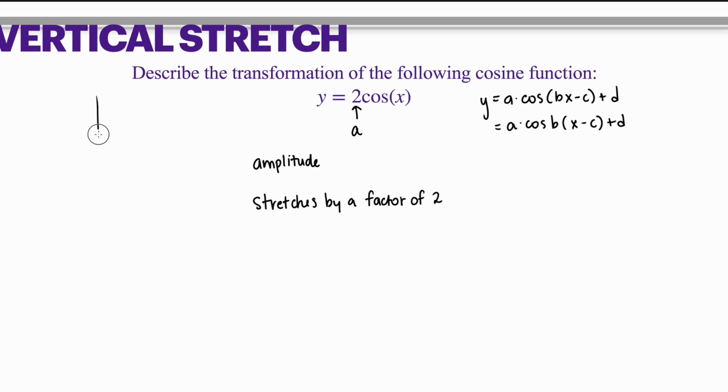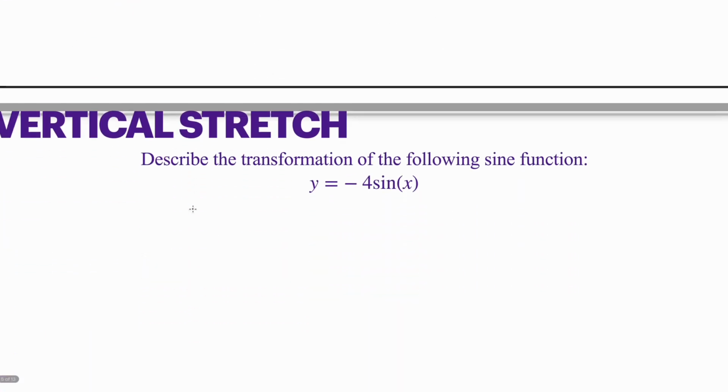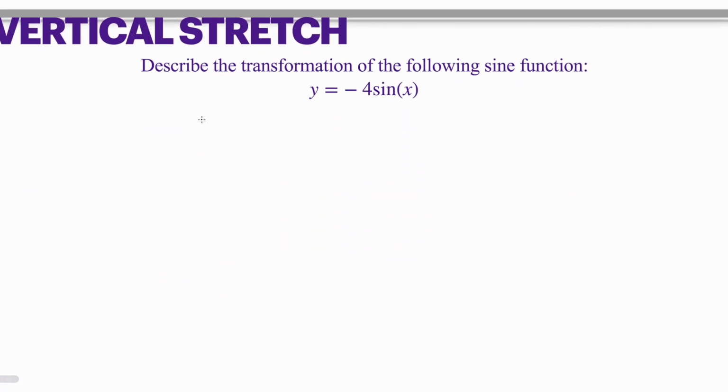And if we wanted to actually graph it, so cosine goes down and then back up every 1 and -1. And so for 2, that means at 2 and -2, it is going to stretch. So again, in this vertical stretch, we are only dealing with a vertical stretch.